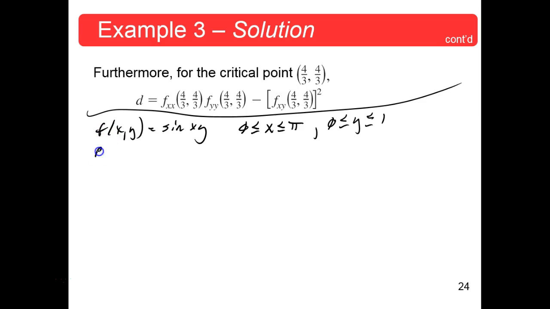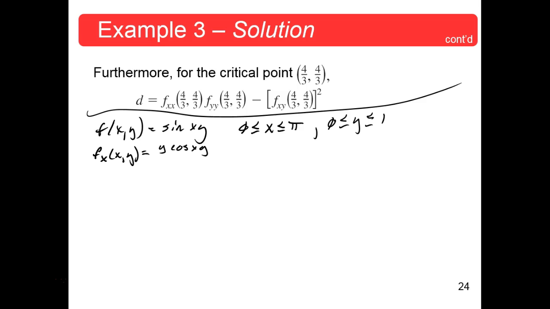Yes, f sub x. And what would that be? It is cosine xy, but then you also have to do a chain rule in it. You did the derivative of the outer function, sine, which is cosine xy.